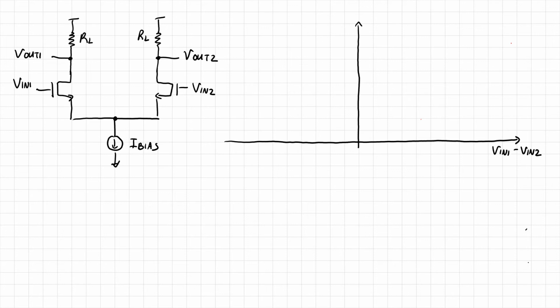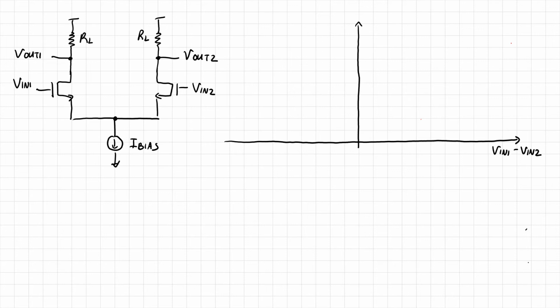If Vin1 is very large and Vin2 is very small, then all of the bias current is going to want to flow through the Vin1 side. None of it's going to flow through the Vin2 side, right? So if we have a lot of current flowing through Vin1, then we're going to have a large IR drop across RL in the Vout1 path.